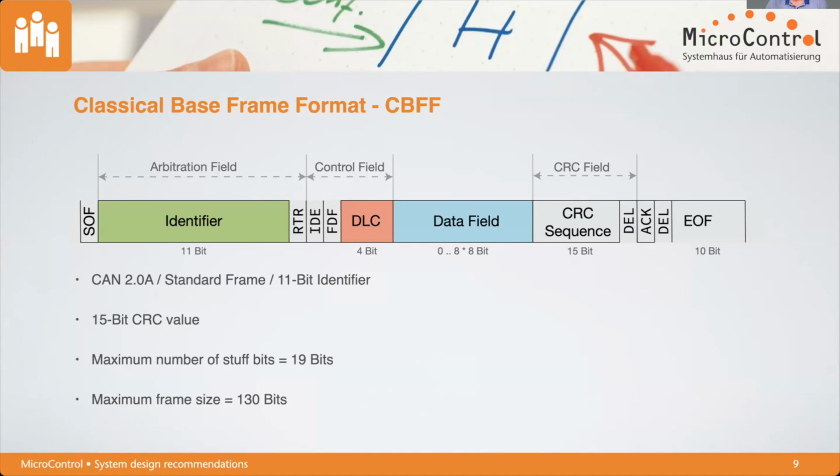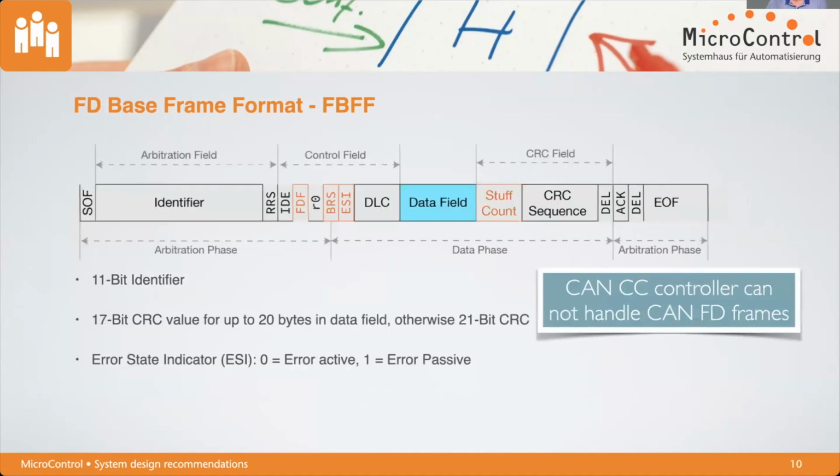And if we compare that with the next slide, with the FD frame base frame format, then we see that the control field is different for the FD frames. And that has an impact for your system design. That means FD controllers can read and write classical frames, but not vice versa.